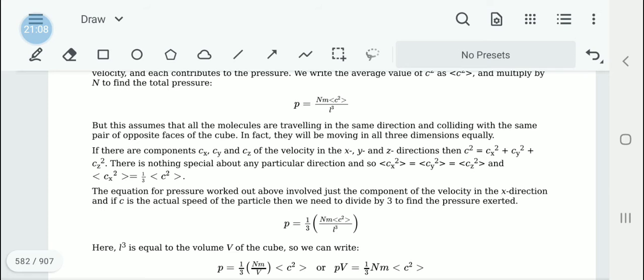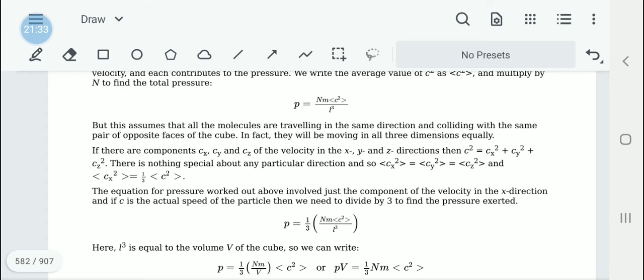I hope you understand that. So cx squared is equal to cy squared in the y direction and cz squared in the z direction. Because all of these are equal, cx squared is equal to 1/3 of the average of c squared.